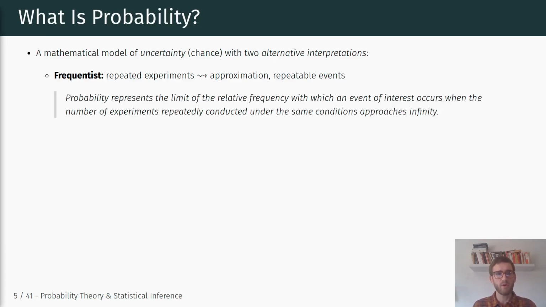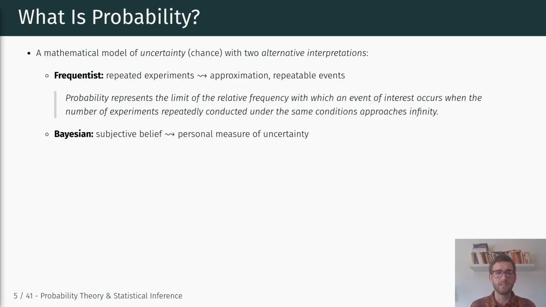So in other words, probability in the frequentist sense represents the limit of the relative frequency with which an event of interest occurs when the number of experiments repeatedly conducted under the same conditions approaches infinity, right? So we have this underlying notion of probability as based on repeated experiments, repeated events occurring, and the probability that ranges from 0 to 1 ultimately represents the relative frequency of that event over repeated experiments or repeated data generating processes, so to speak, okay?